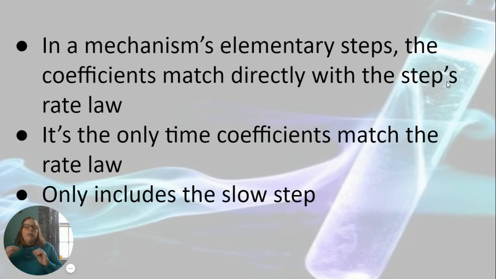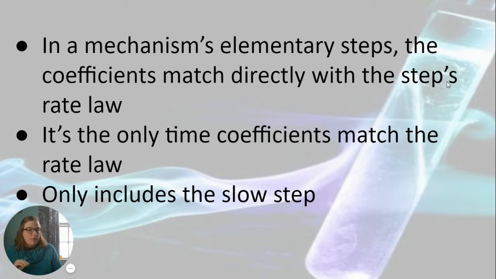So when we talk about a mechanism, we know that the individual steps of the mechanism are called the elementary steps. And so when we are trying to take a look at the rate law and then tie it together with the mechanism, what we always have to do is take a look at the slow step.